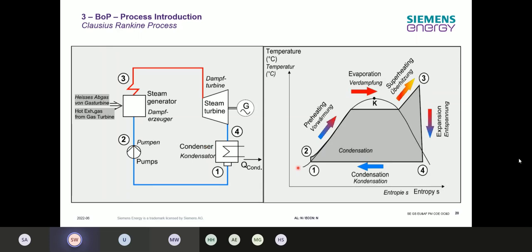And on the right side, we have the TS, the temperature-entropy diagram, what I showed before already, where I showed that the evaporation process is happening at the same temperature, and also condensation is happening at the same temperature. And here we can then read out the energy we're getting in.